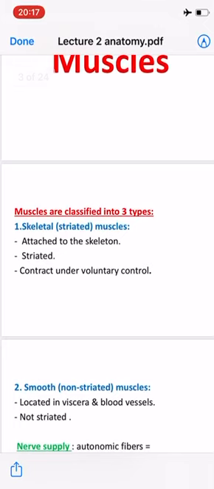Muscles are classified into three types: skeletal striated muscle, which is attached to the skeleton, is striated, and contracts under voluntary control. يعني هي الskeletal muscle تسمى العضلات الهيكلية، وسترايتد يعني المخططة. من صفاته أنه تتصل بالهيكل العظمي، لهذا سميت بالعضلات، سميت skeletal muscles because it attached to the skeleton and it's striated، وتتقلص تحت تأثير voluntary control، يعني تقلصها يكون تقلص إرادي.